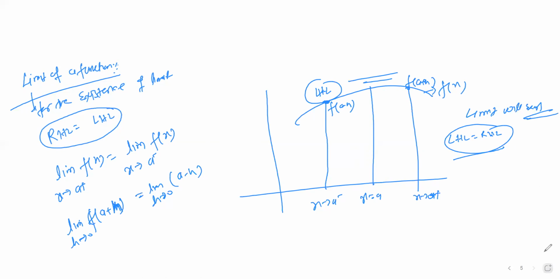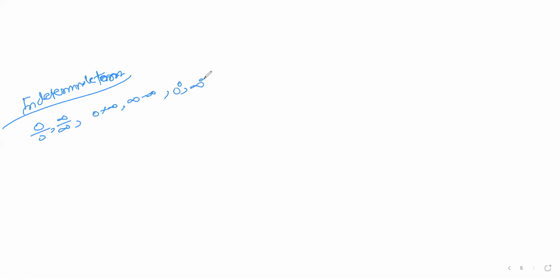So to find the limit of a function, we have different types of forms, called indeterminate forms. The indeterminate forms are 0 by 0, infinity by infinity, 0 into infinity, infinity minus infinity, 0 to power 0, infinity to power infinity, or 1 to power infinity.